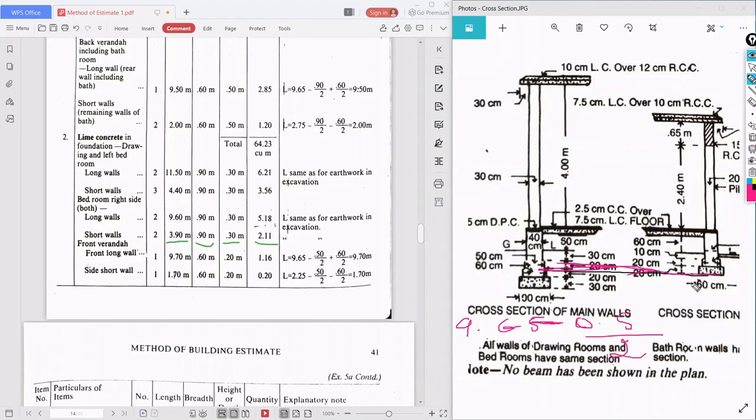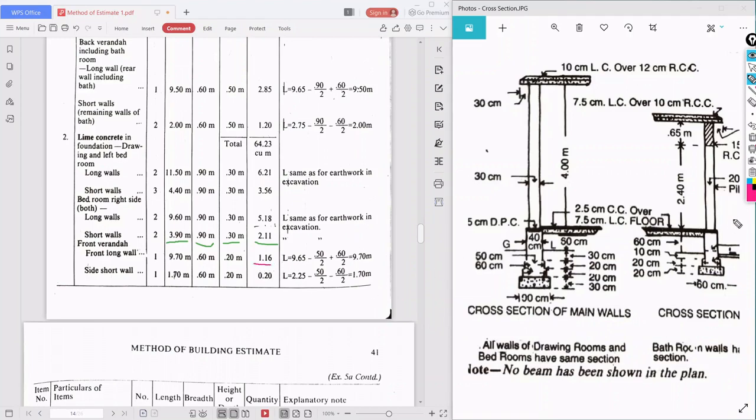Then we have to add 0.6 by 2. So this is what they have done. So length is 9.70. What is the width of the trench in the 20 centimeter wall? It is 0.6 meter. What is the height? It is 20 centimeter. So 9.70 multiplied, and you get 1.16.